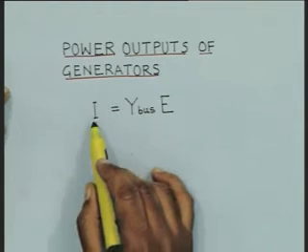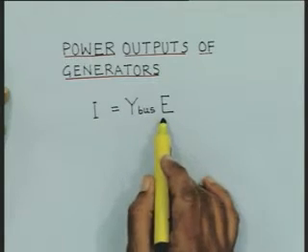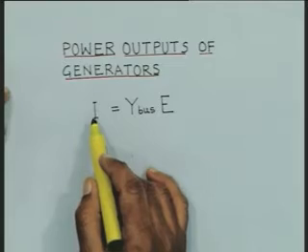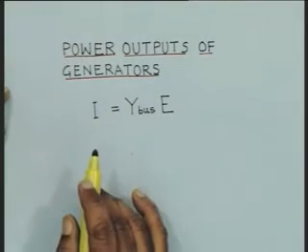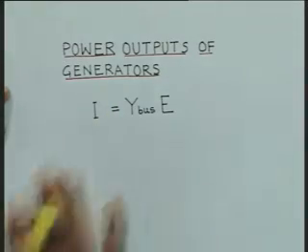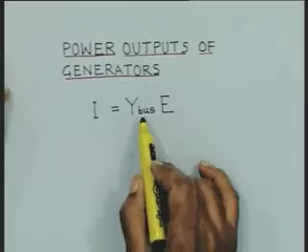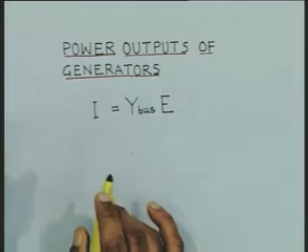Now, for this network we can write down the equations in the form I equals Y bus E, where I is the current vector, or current injected at all the n buses, and Y bus is the admittance matrix obtained after eliminating all the nodes.